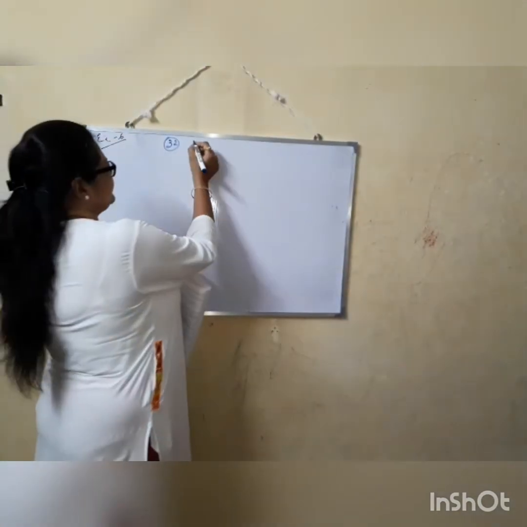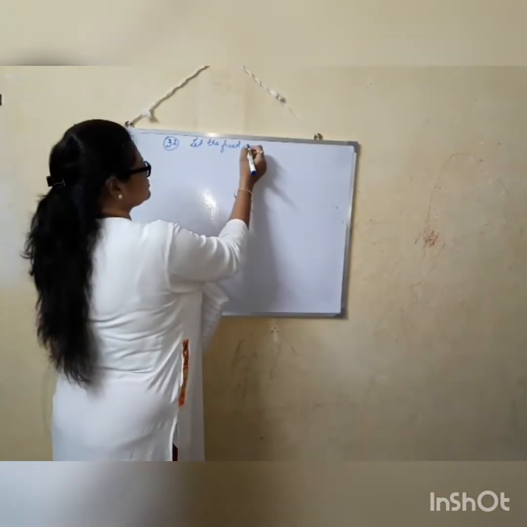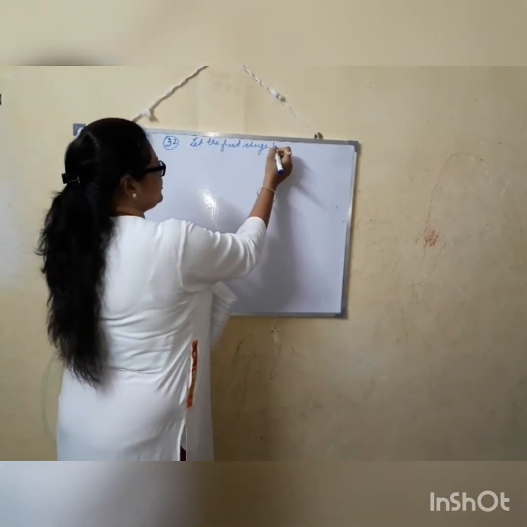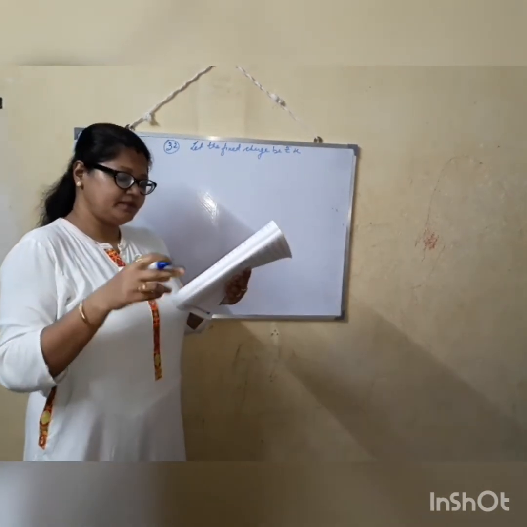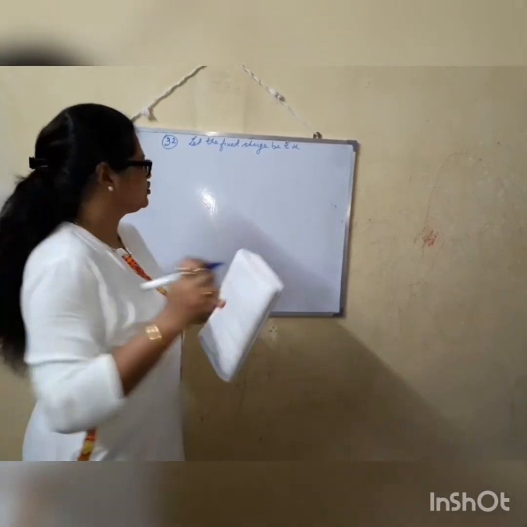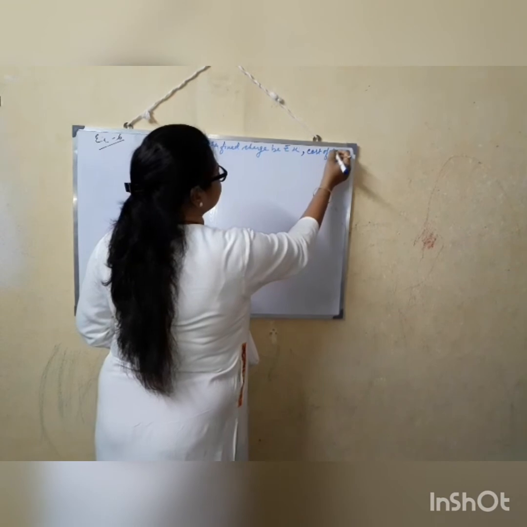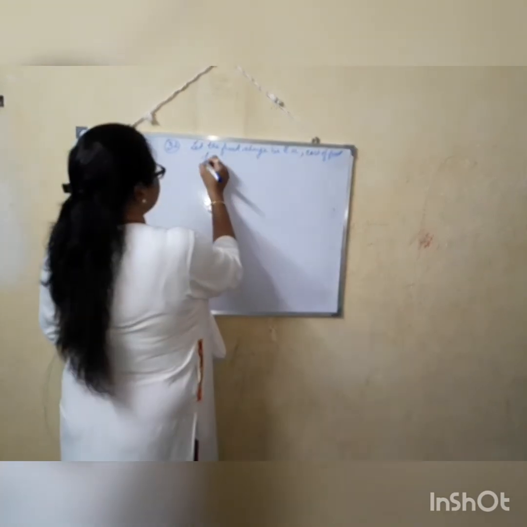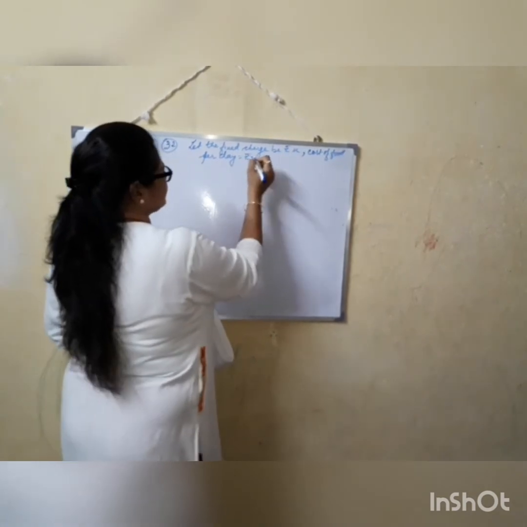So we take, let the fixed charge be rupees X. Next part states that the remaining depends on the number of days one has taken food in the mess. So next part is cost of food per day equal to rupees y we take.